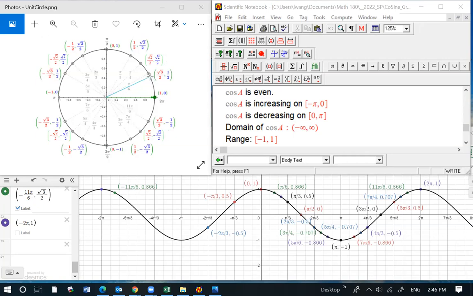So really, the output can be anything from -1 to +1, the largest being 1, the smallest being -1. Do we see this on the graph? I think we do.